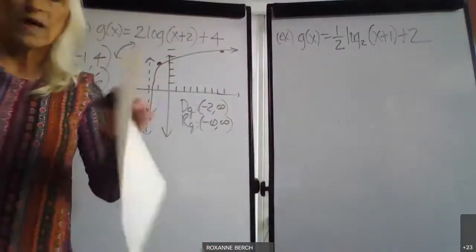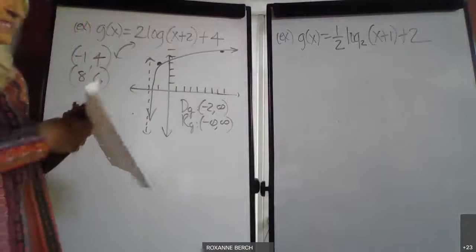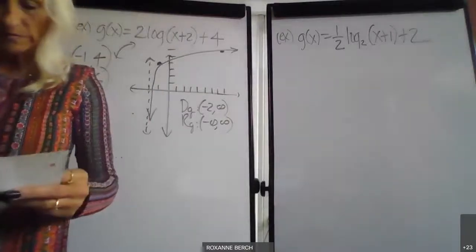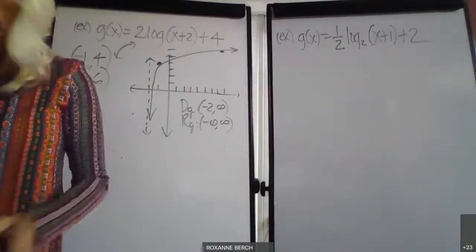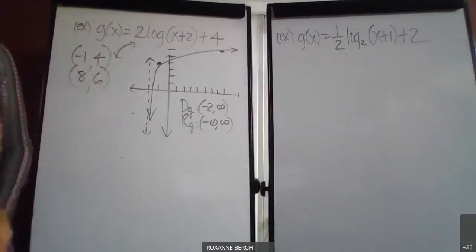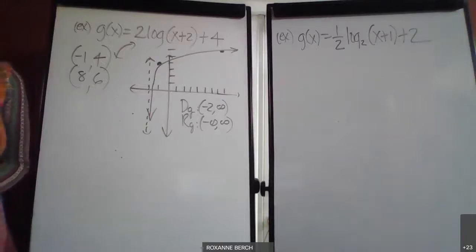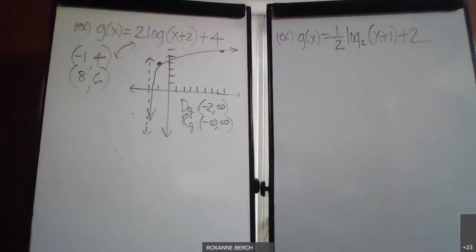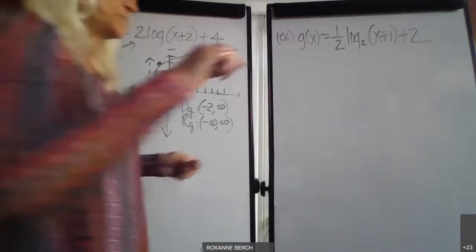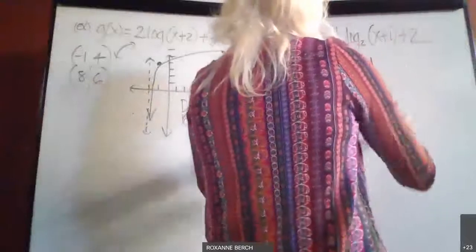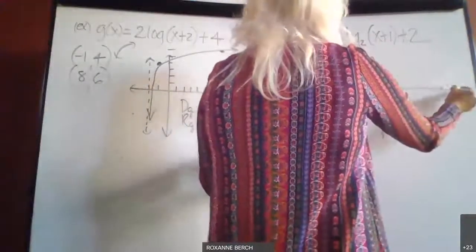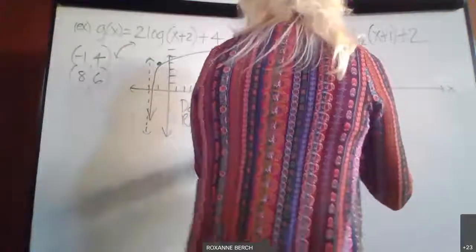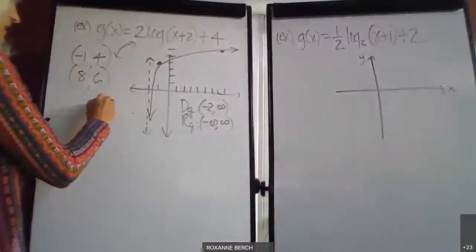So you guys go ahead and do this, and then we'll do it together kind of like we did this one and see if you can do it. Vertical asymptote is it?